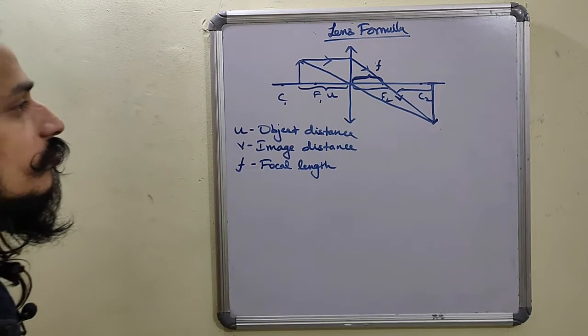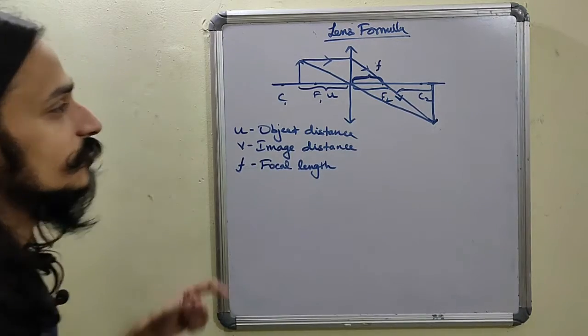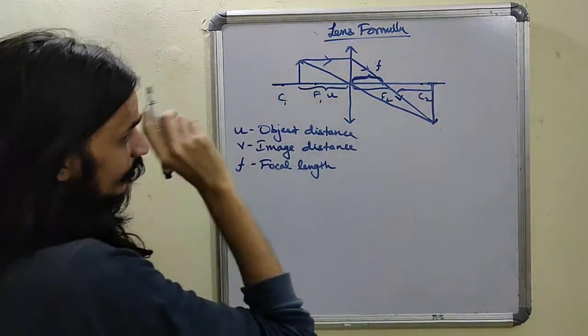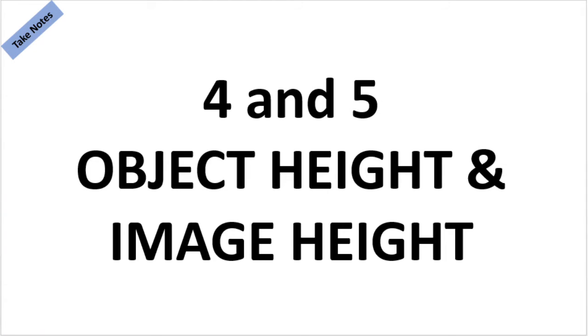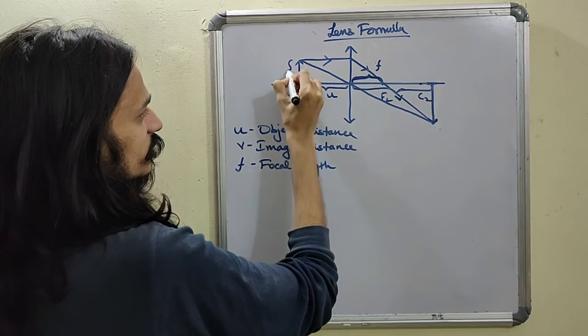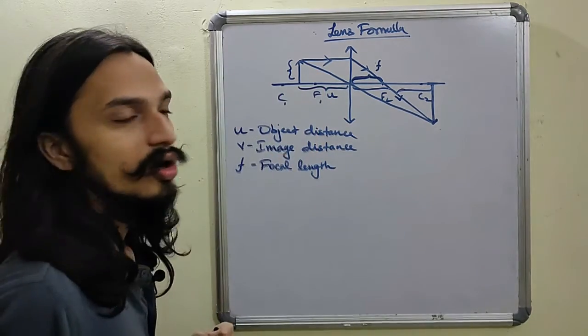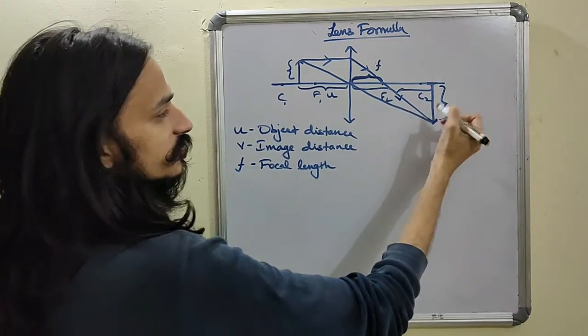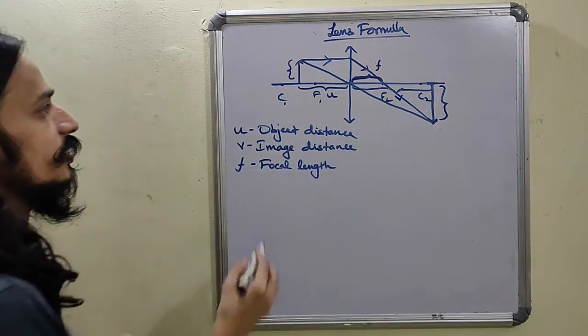Now finally, what we have is the size of the image and the size of the object, how big or how tall it is. So this is the size of the object, this is the size of the image, right?